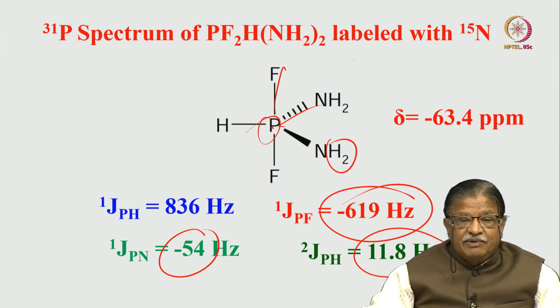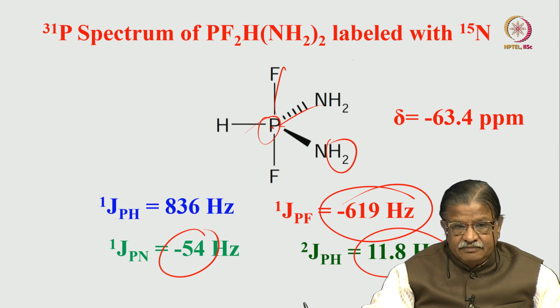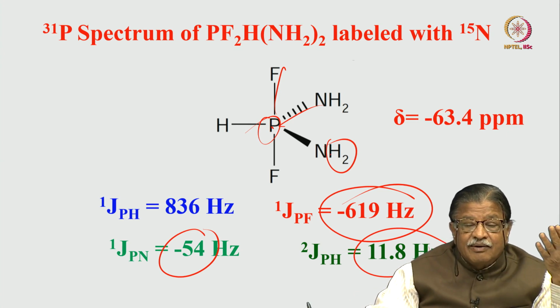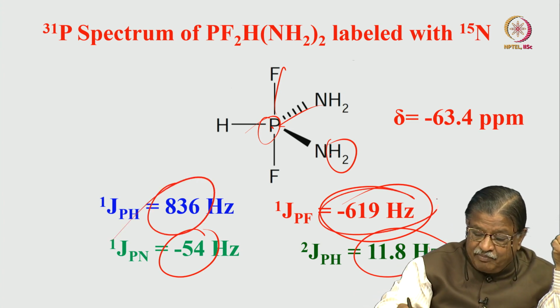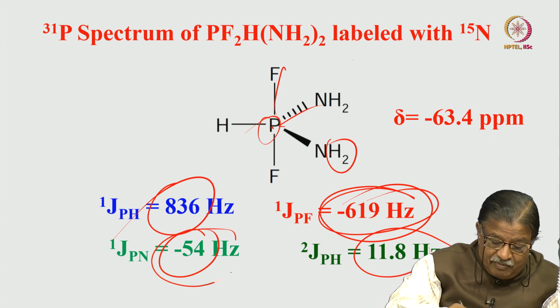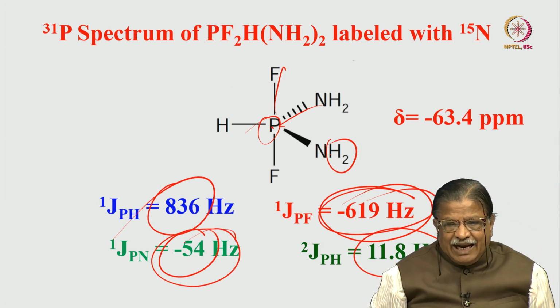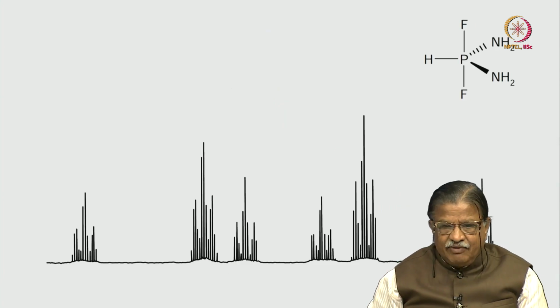That is also reasonably large, about 12 hertz. So, all the 4 couplings are quite reasonable, especially the one bond couplings, PH, PF and PN, are very large. Some have a negative sign, do not worry about that, we will see later.